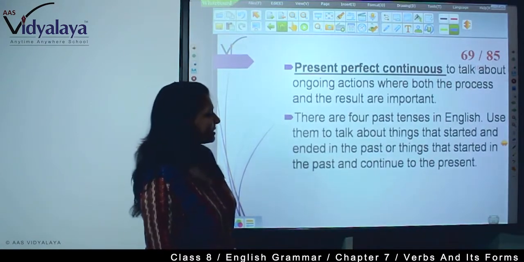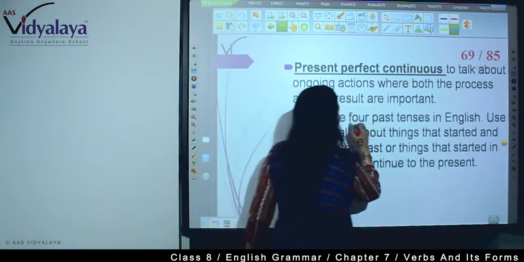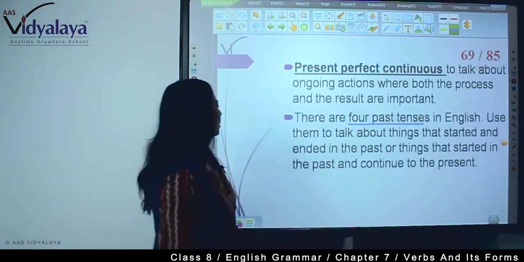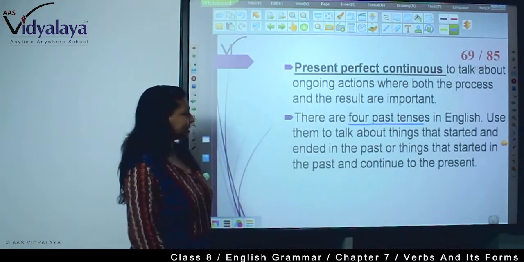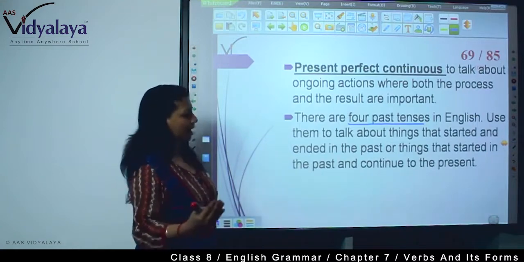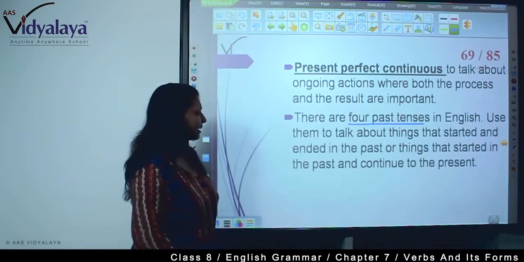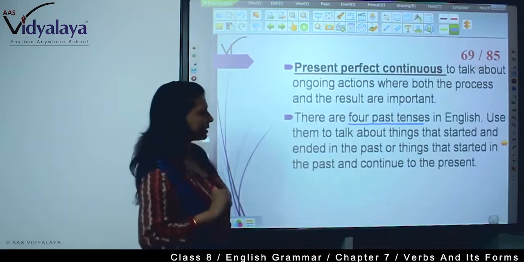There are 4 past tenses in English. That is the present. Now past tenses, we use them to talk about things that started and ended in the past or things that started in the past and continue to the present.